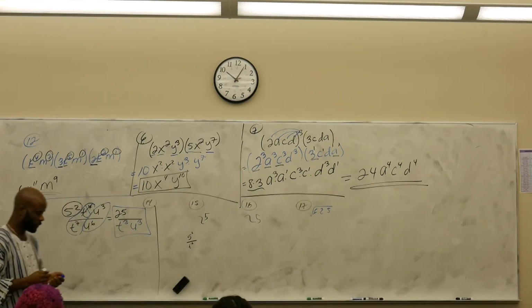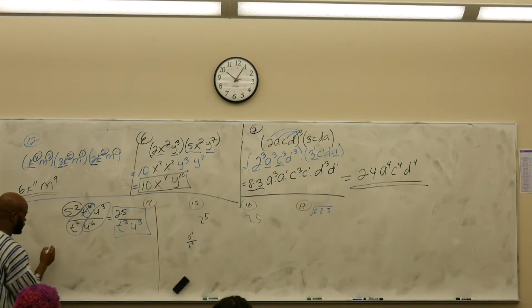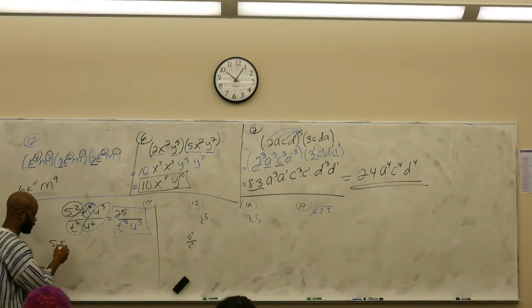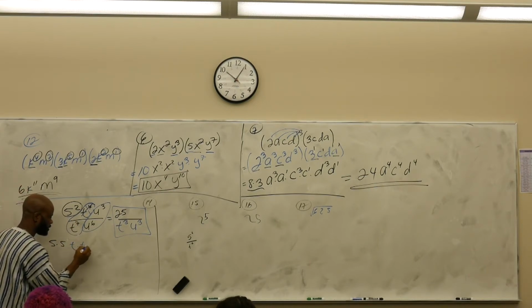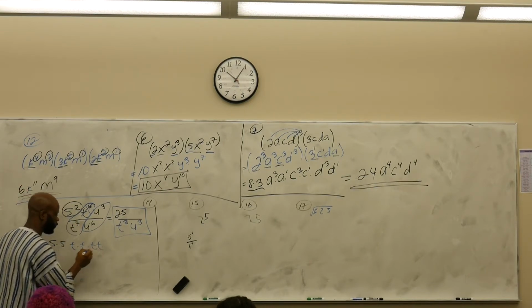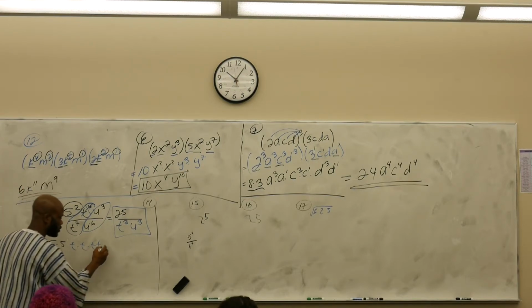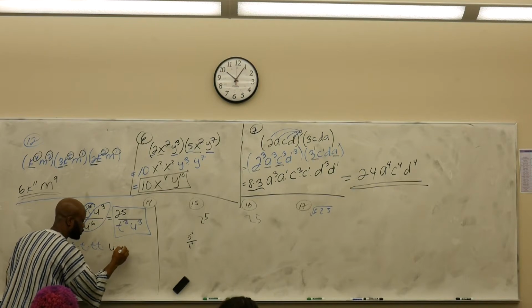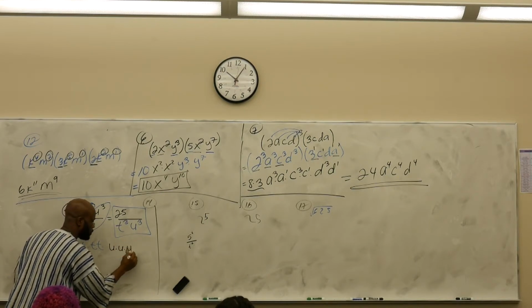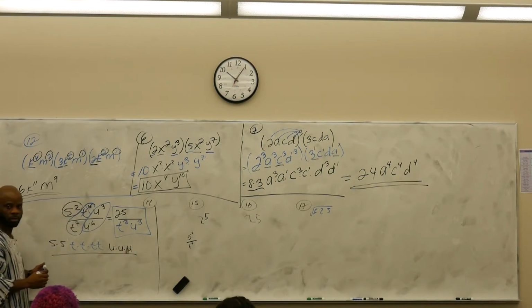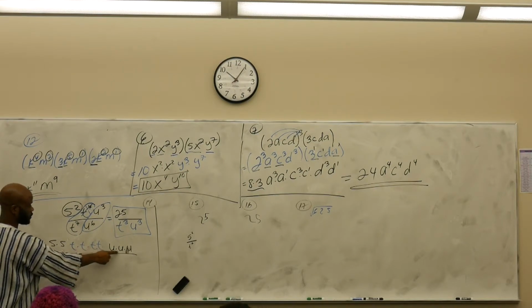Or, for those of you who still can't see it, I'm going to do this. 5 squared is 5 and 5, right? T to the 4th is just T, T, T, T, 4 of them. And then U cubed is U, U, U. Over, 4 T's and 3 U's, right?